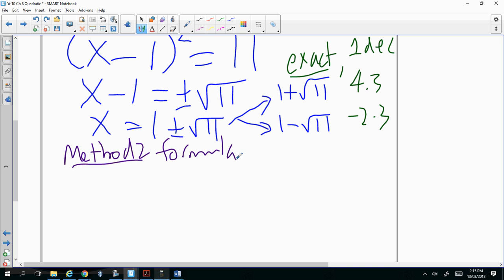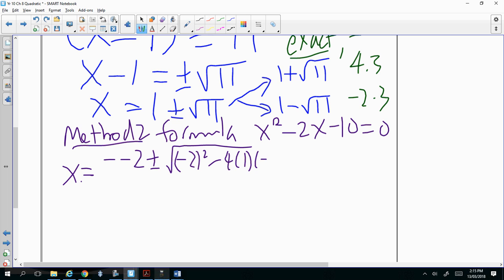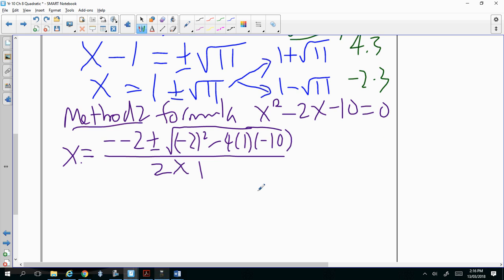If we use the formula, you write x equals minus negative 2, plus and minus the square root of b squared, which is negative 2 squared, minus 4ac, over 2 times 1. And then double minus is plus. And then you have to work this out on a calculator. 2 squared is 4 plus 40, so you get 44.